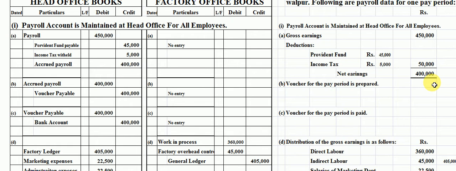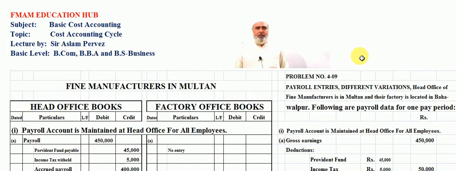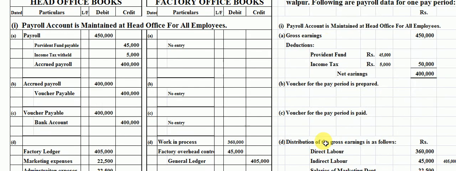Students, it is saying that the payroll account is maintained at head office book. For this purpose, we have to start the first entry in the book of head office.